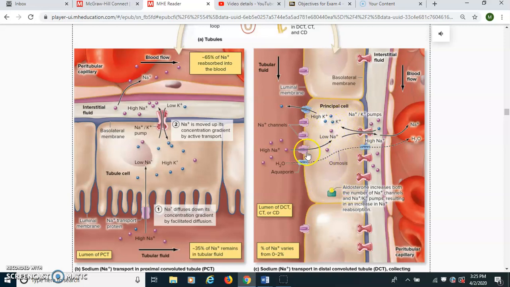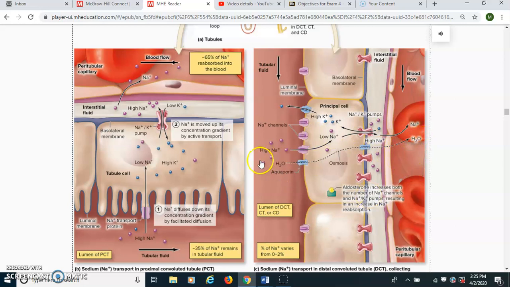It's going to cause this cell to increase the production of sodium channels, and also increase the production of sodium potassium pumps. So you can imagine if you have more sodium channels and more sodium potassium pumps, you're going to get more sodium that can pass through these tubular cells and then get into the peritubular capillary. So that's what happens.